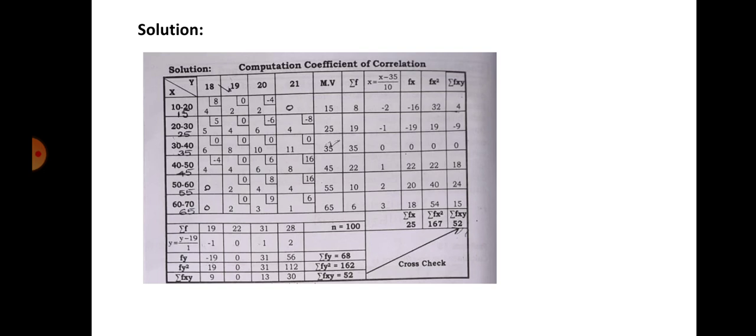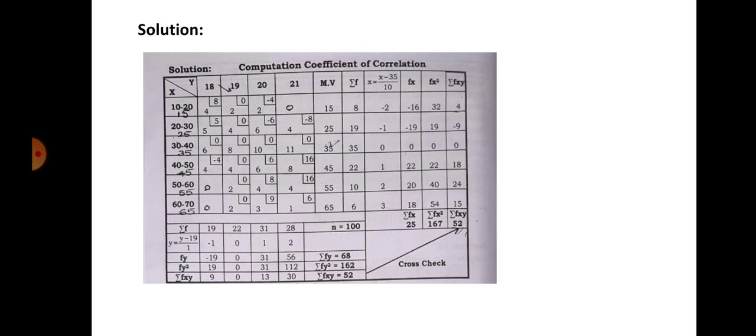The y values are in the ninth column. So 18 minus 19, they are in opposite direction, is minus 1. 19 minus 19 is 0. 20 minus 19 is 1. 21 minus 19 is 2.